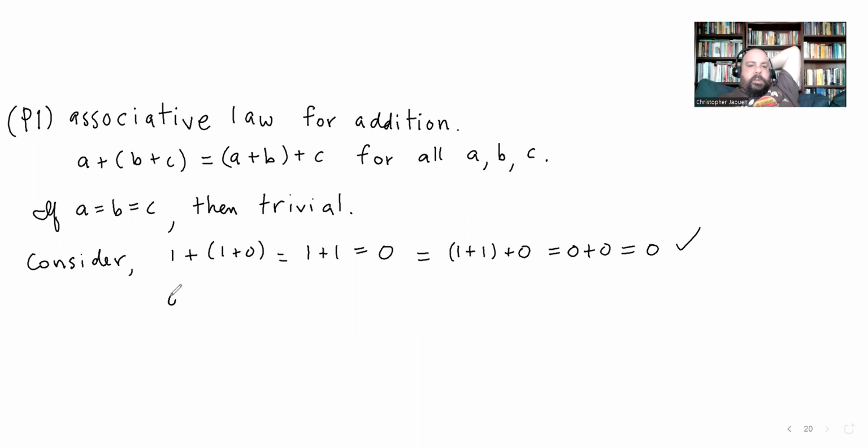Then we could do, say, 0 plus 1 plus 0. And that would be 0 plus 1, which is 1. And if we do it the other way, 0 plus 1 plus 0, that gives us 1 plus 0, which is 1. So these are equal.